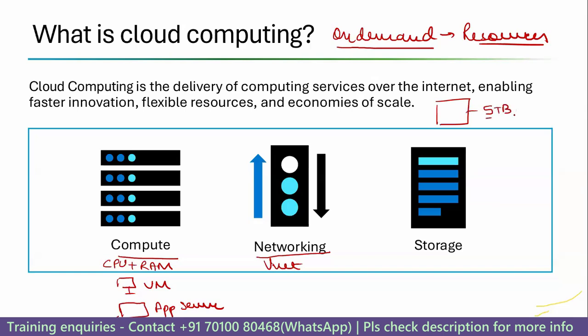You need a machine with very high compute, meaning very high CPU and very high RAM, for your machine learning workload. Now, you don't have a machine with, let's say, 16 cores of CPU, 128 GB RAM, and 5 terabytes of SSD storage. You may not have a machine like that.